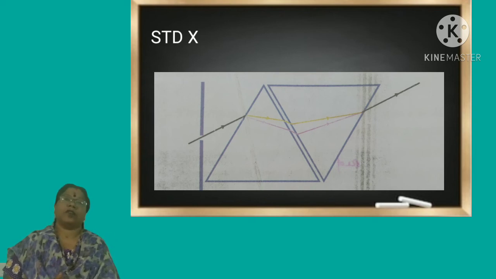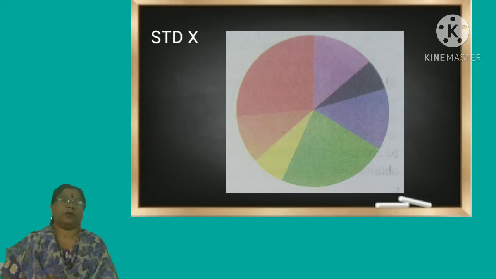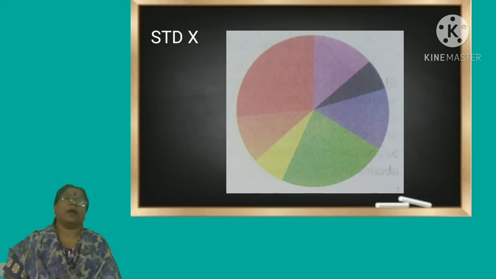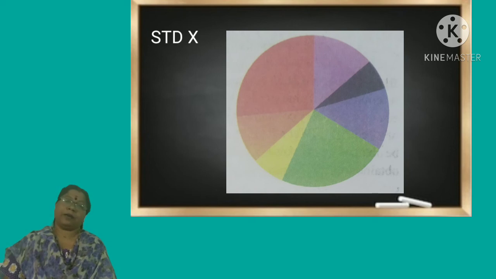In this context, you have to study about Newton's disk. So what is Newton's disk? As you can see in the figure, this is Newton's disk. Newton's disk means a disk is painted into 7 sectors.